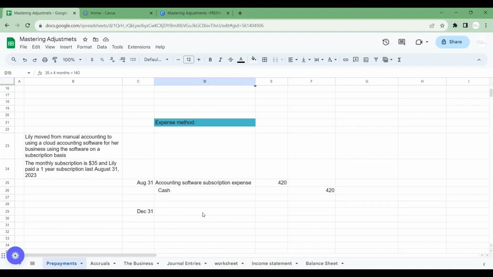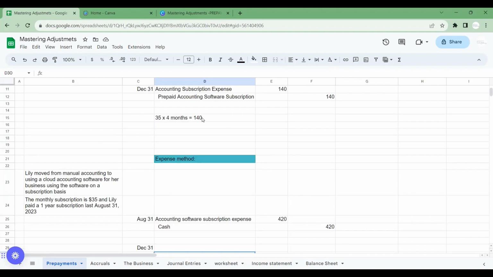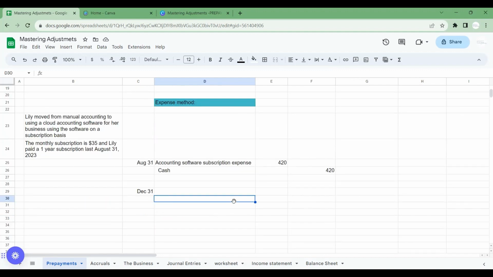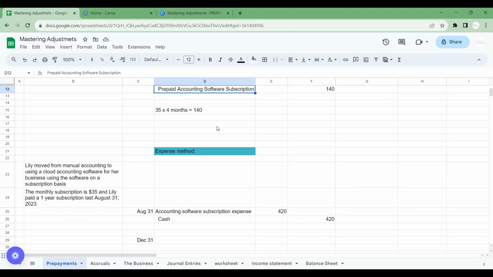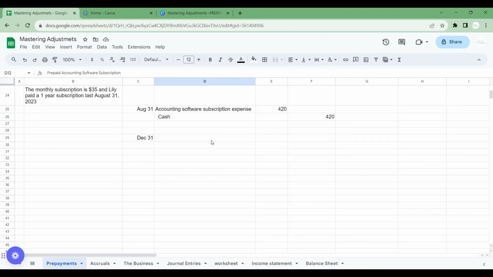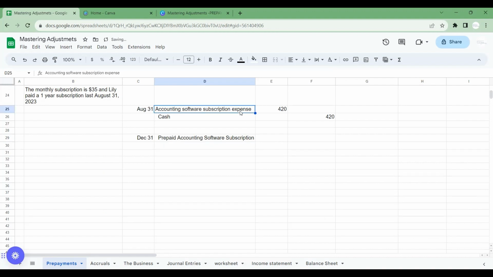So we are going to debit an asset account in order to get the expense portion, to reduce the expense account of 420 to 140, and credit the accounting software expense.